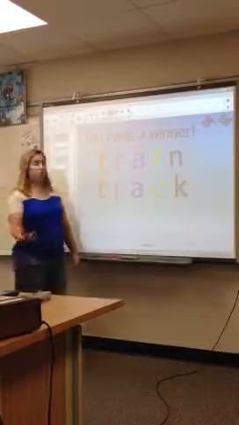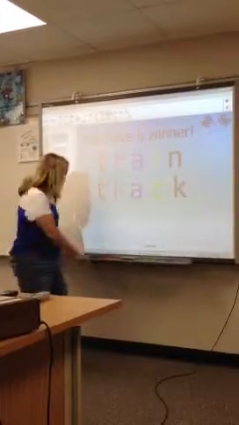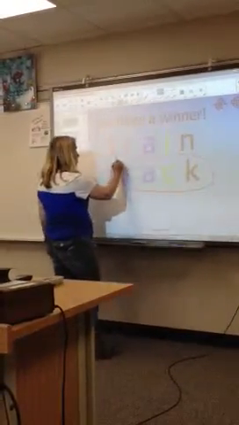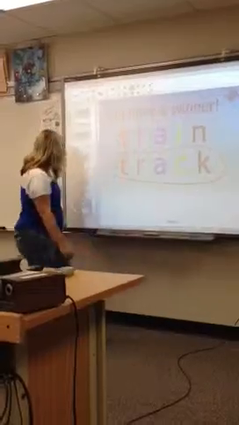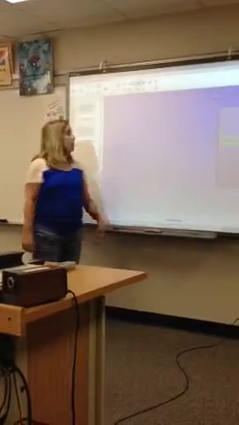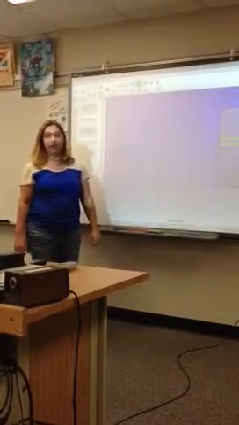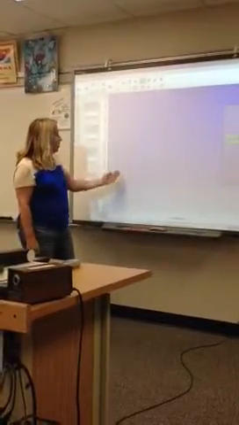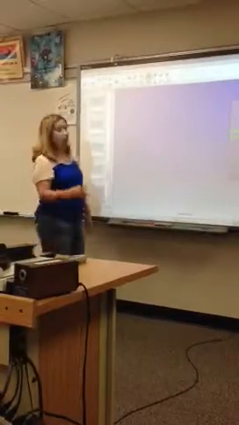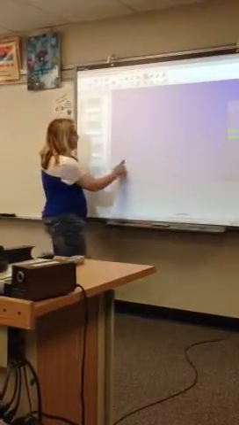I would then have a student come and circle the correct word that was first in the alphabet. Once they got that, we would start with their names, because I think they can recognize their names. And so we would see which one of them came first in alphabetical order. Allie, would you come up and move your name to the top?